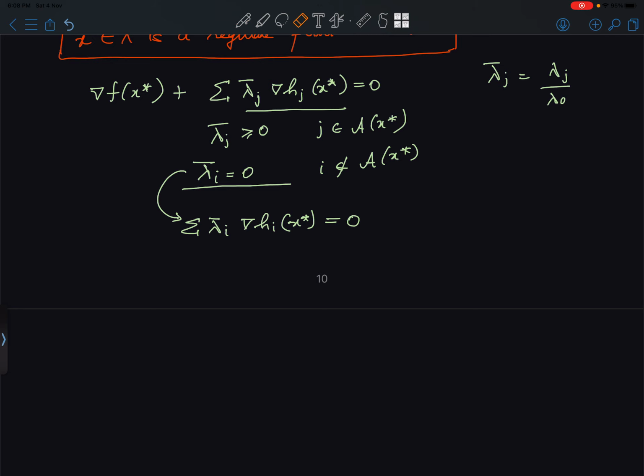So what I can do is I can actually include all the points, all the constraints basically, right? I don't necessarily just have to include the active set, but we can actually come to a final condition in which we account not only for the active sets, but we can generalize it for all the constraints in a way.